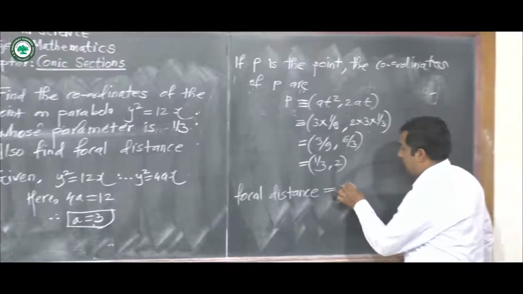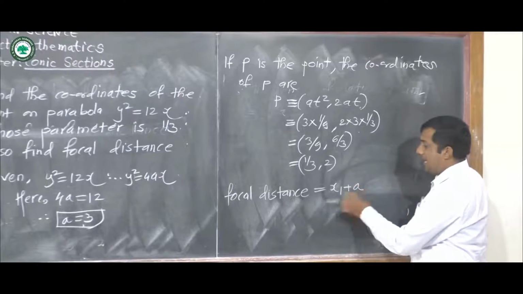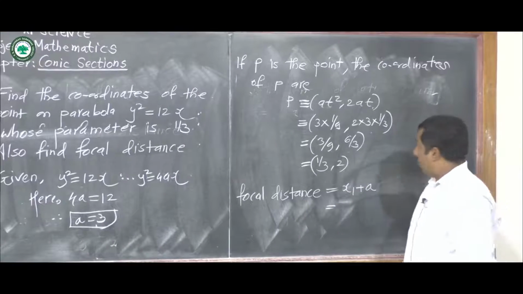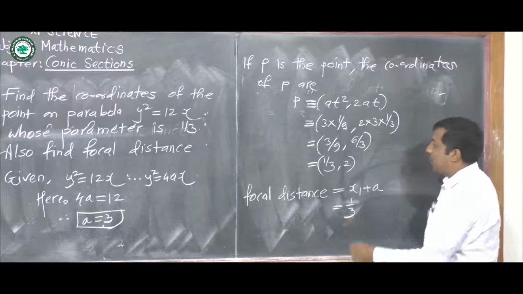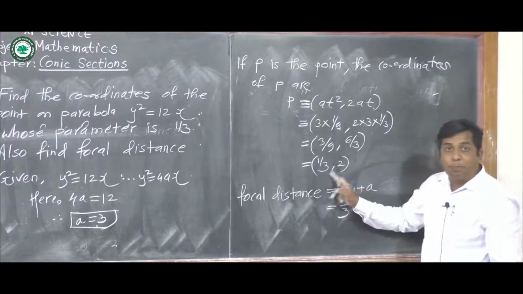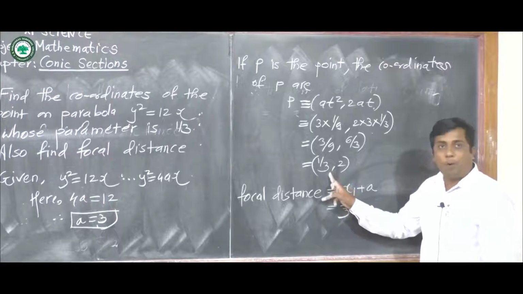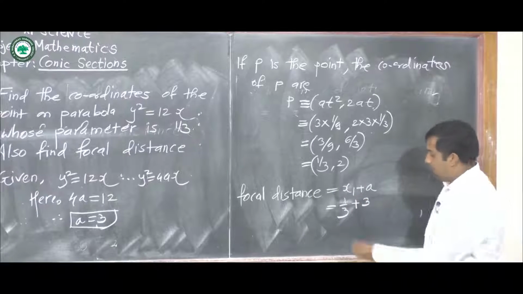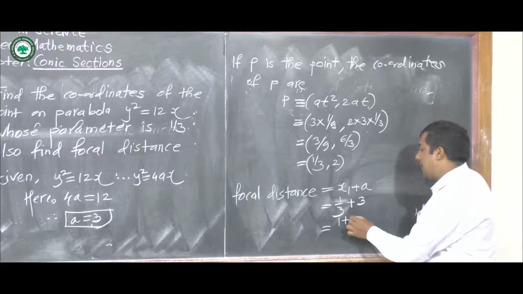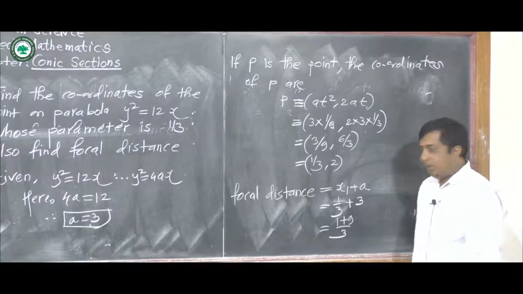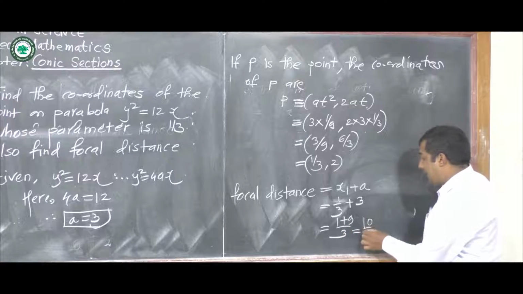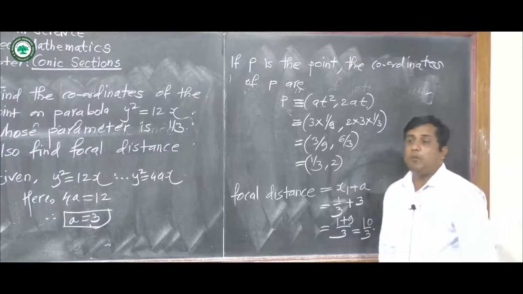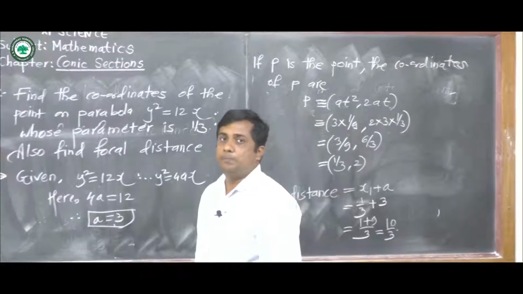So focal distance is equal to x1 plus a, and we know x1 from the point P is 1 upon 3, plus a is 3. We get 1 plus 9 upon 3, and in the last we get 10 upon 3. So this is the focal distance.